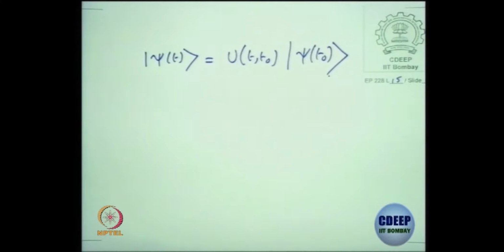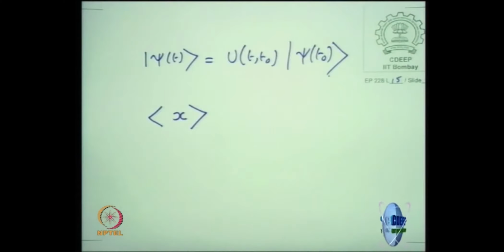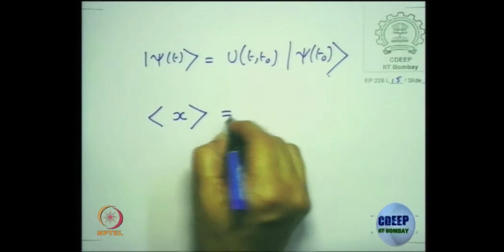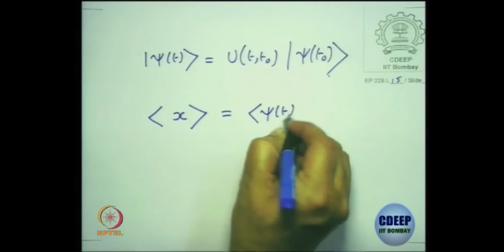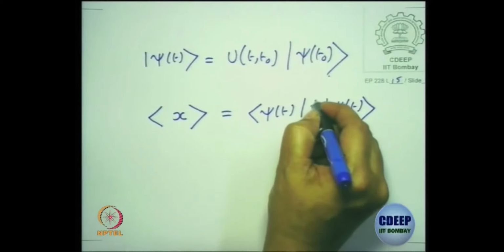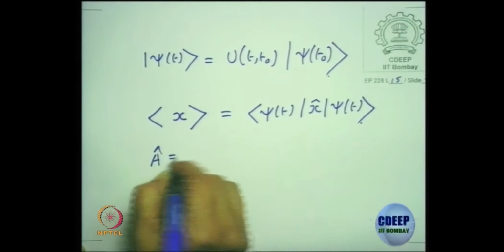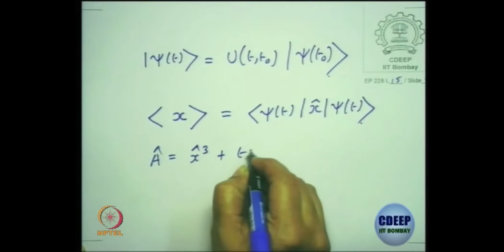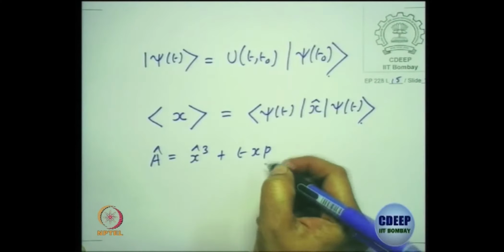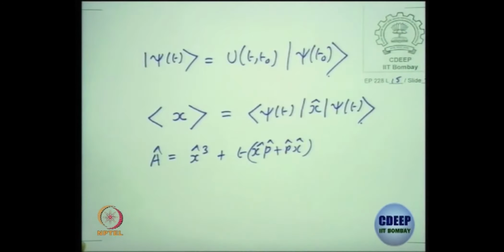So we took the state vectors to evolve in time, but when we want to find the expectation value of x for a system prepared in the state psi, we try to write this as <psi of t| x |psi of t>. So the x operator does not have any explicit time dependence. Like you could have some operator like A as x cube plus t times x p squared, could have some operators like this.